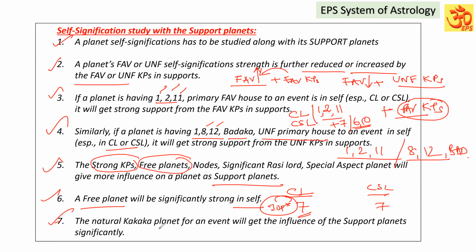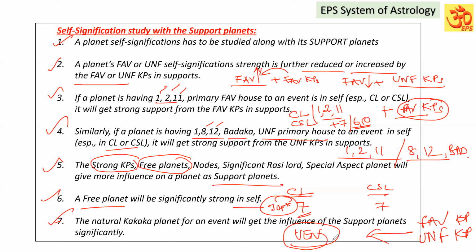Next point. The natural Karakatva planet for an event will also get the influence of the support planets significantly. Suppose for the event of marriage, you take Venus as the Karaka planet. If Venus is having favorable or unfavorable key planets in its supports, Venus will get the influence of these favorable or unfavorable key planets for the event of marriage. That planet will get the impact strongly.